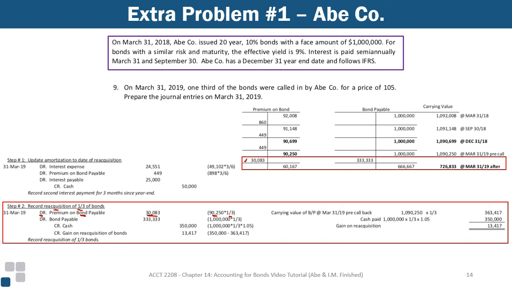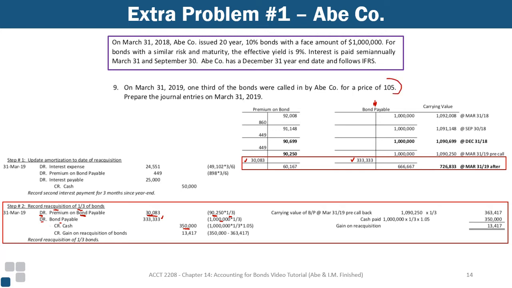Then we're going to remove 1/3 of the bonds. So we have a debit to bond payable for 1/3 of $1 million, $333,333. So if we keep a T account for the bond payable, here is a debit, $333,333. The company is going to pay, right, $350,000. How's that calculated?